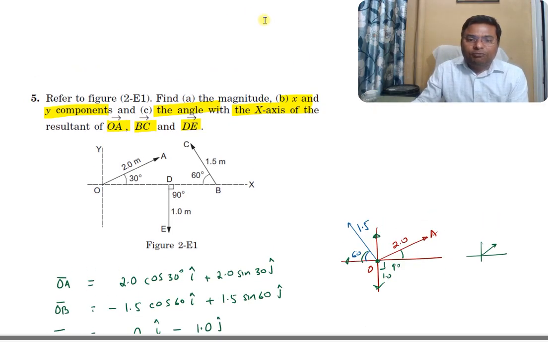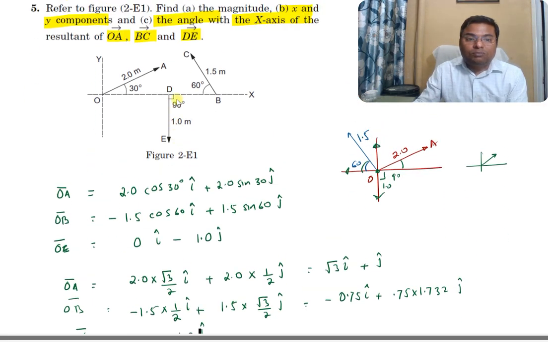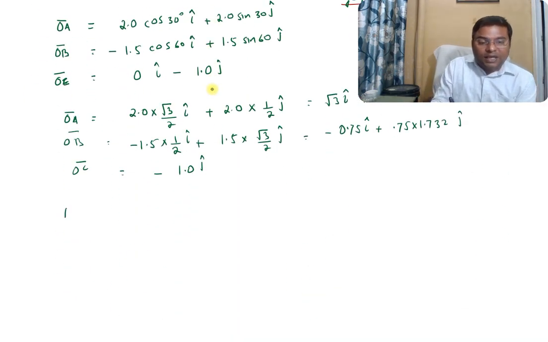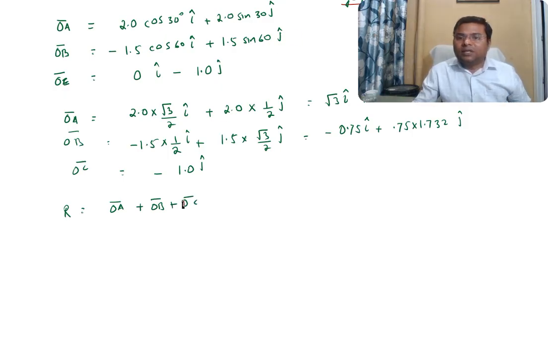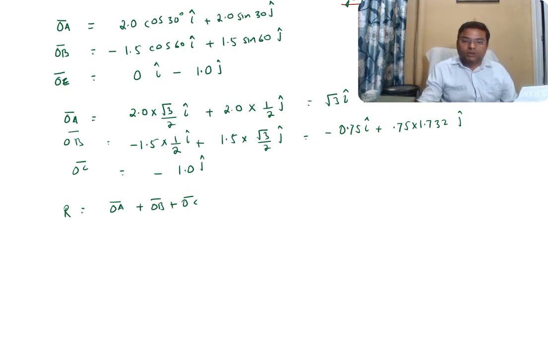So here we have to find the magnitude of the resultant. The resultant R is equal to OA plus OB plus OE. So we have to add these three vectors, and the corresponding x components and y components will be added in the resultant.